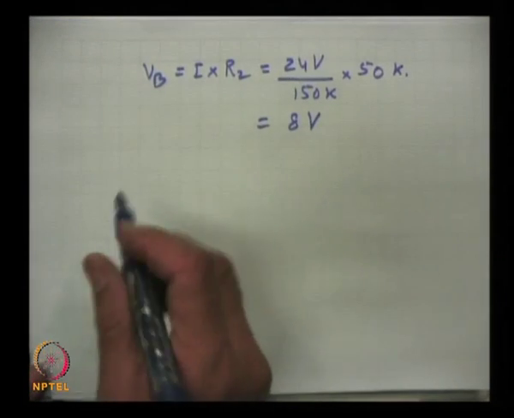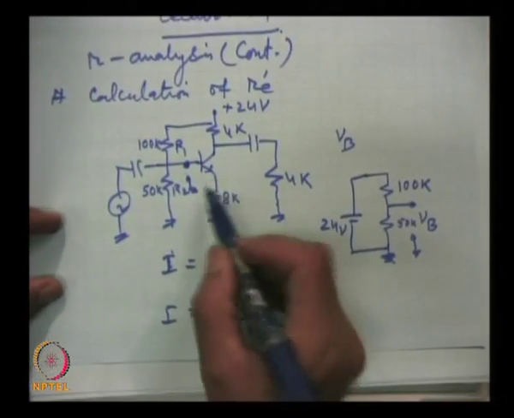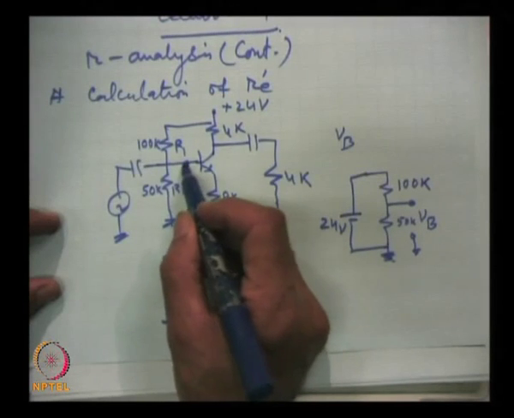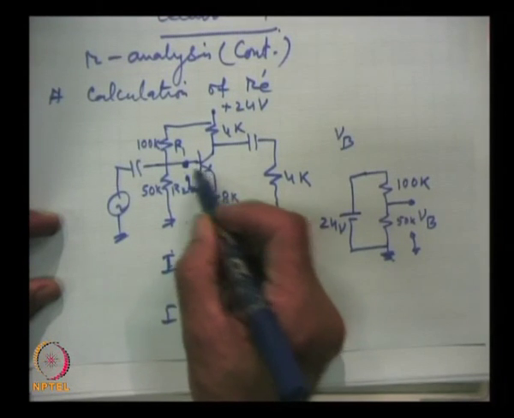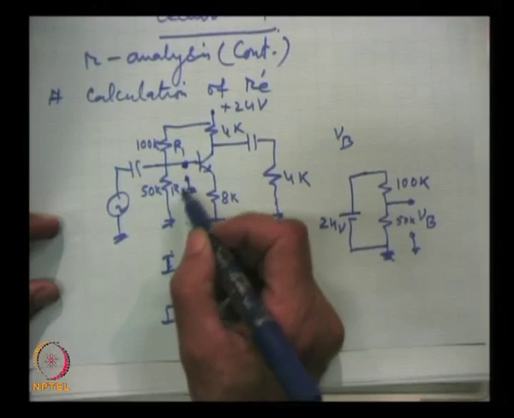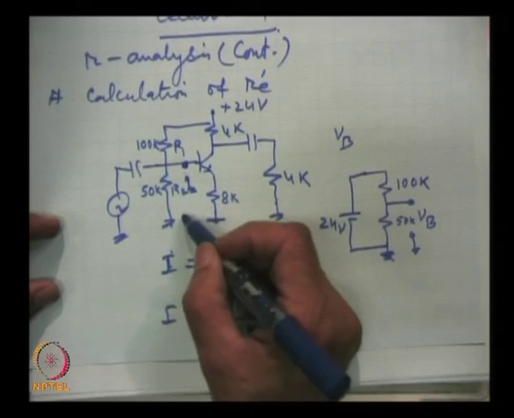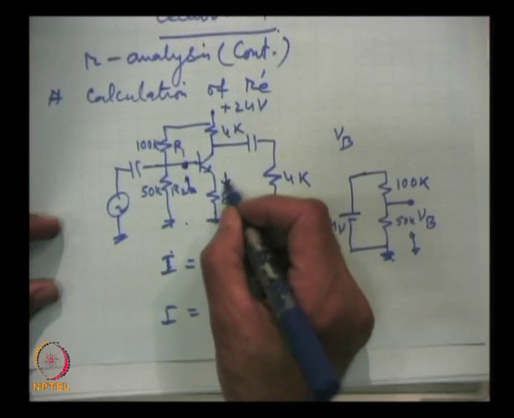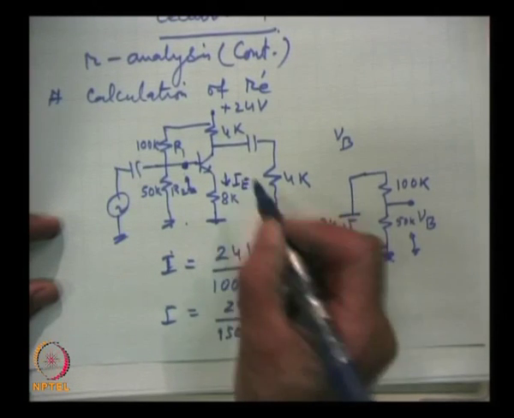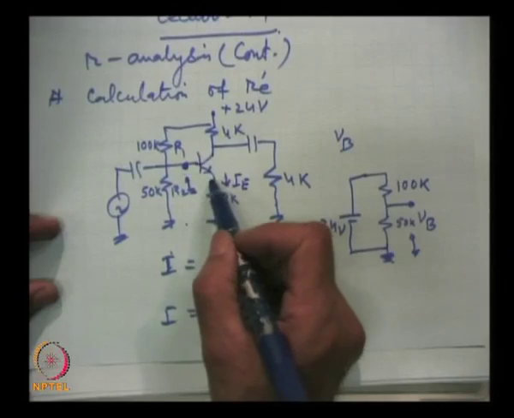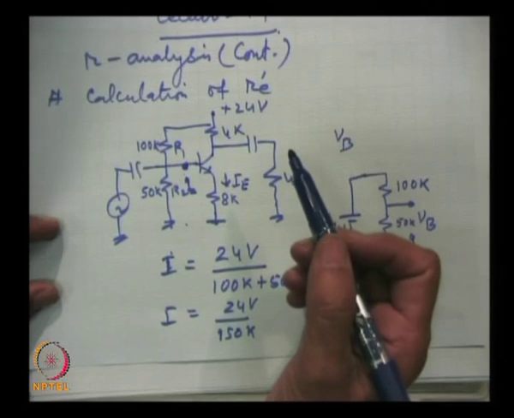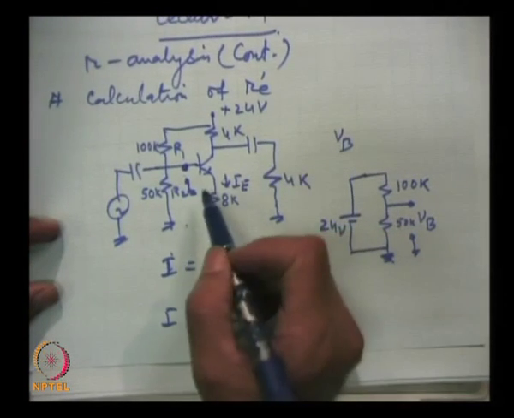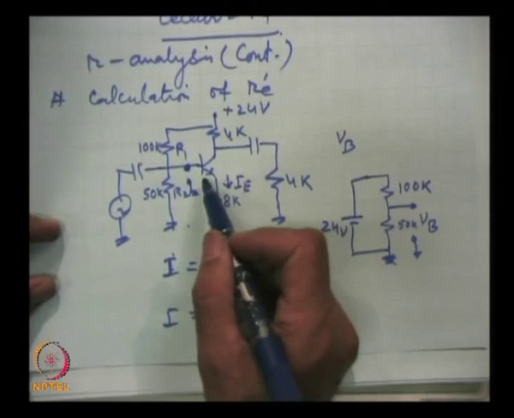So, for the I e here, if we neglect this voltage which is less in comparison to this, then this total voltage will appear across this, and that will give rise to the current I e. Even if we take into account 0.7 volts for a silicon transistor, often that can be neglected.